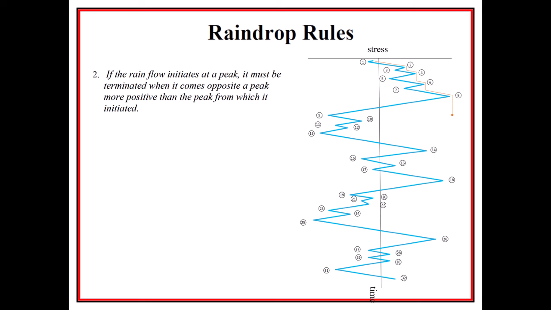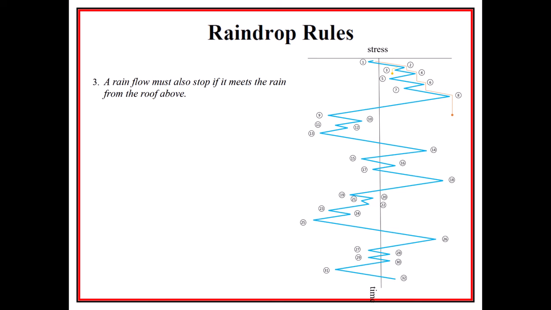The second rule is that if it initiates at a peak, it's the same deal. In this case, it starts at 2, and if it encounters something larger than its peak, which is true at 4, it has to stop.